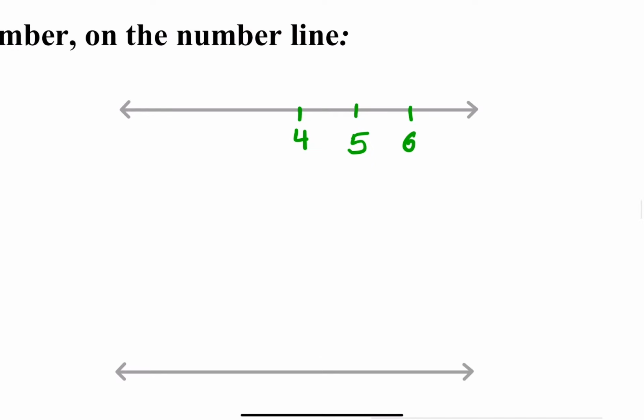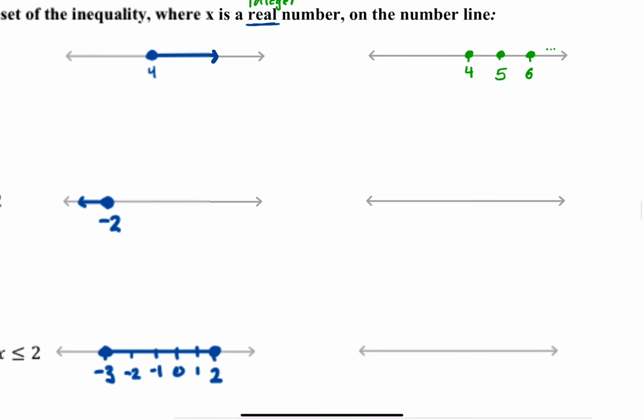Let's zoom in here. So you'll still put a closed dot right here, but integers don't include the decimals. So essentially, the solution set would just be a bunch of points right above the integers. And again, you would continue that pattern to the right.